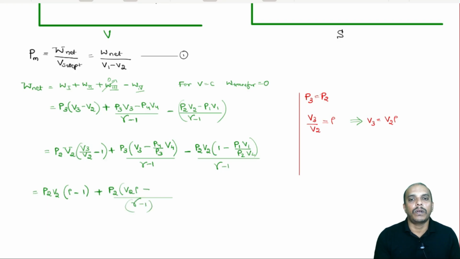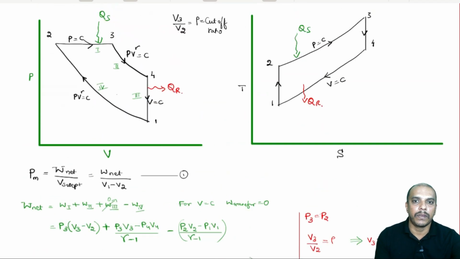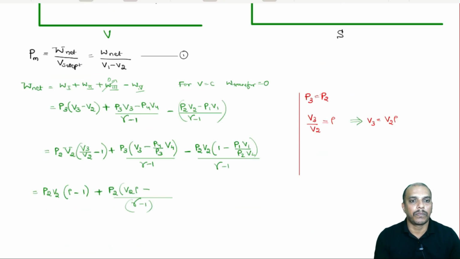All right. Now, what is P4 by P3? I will go back here. P4 by P3 can be found out by using PV power gamma is equal to constant. I will use for process 3 to 4, we know that P3 V3 power gamma is equal to P4 V4 power gamma.